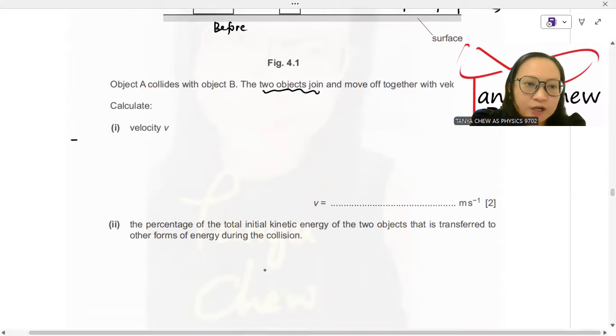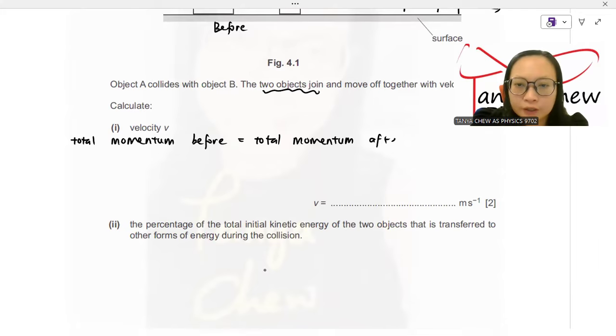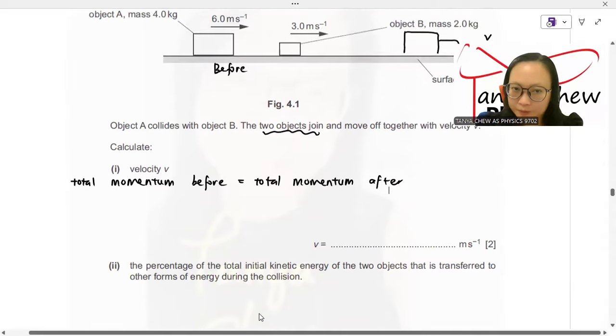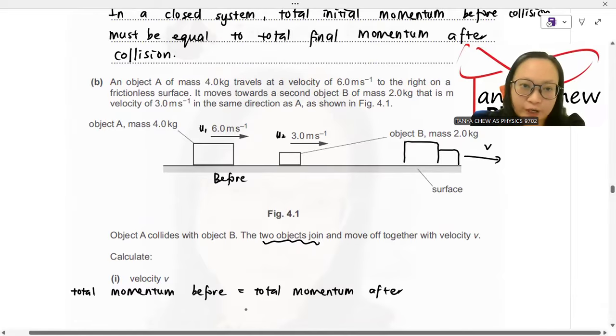So I'm going to write: total momentum before the collision must be equal to the total momentum after the collision. Remember, momentum is a vector quantity. This is u1, object 1. This is u2, object 2.